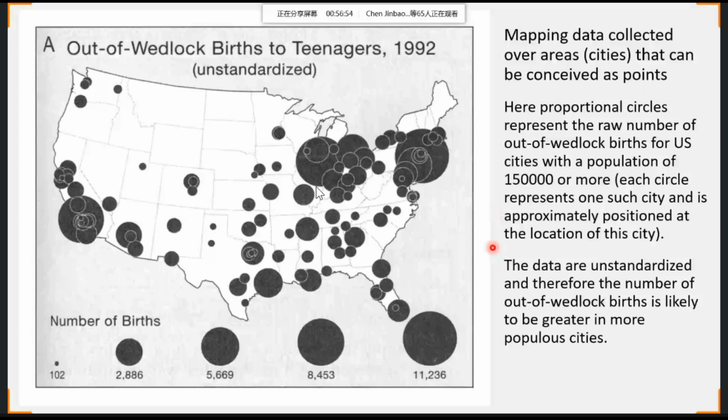The data are unstandardized here, and therefore the number of out-of-wedlock births is likely to be greater in more populous cities. So the big cities like New York or Chicago or Los Angeles, you see immediately these are the largest circles. The reason is the data is unstandardized again, and it's then difficult to analyze this phenomenon. So it's better to use a standardized map.